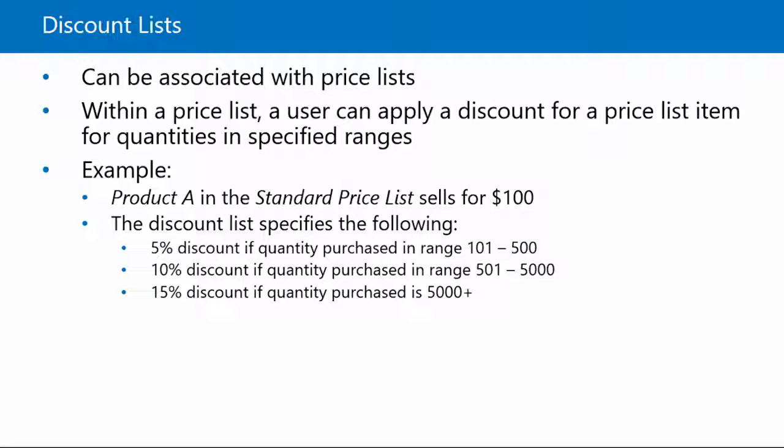Now, as an organization, as you're establishing your overall product catalog and you plan to use different discount lists, the best thing you can do is document ahead of time, before you start doing the configurations of multiple price lists, multiple currencies, multiple products, and of course, multiple discount lists. As you can see, it can get very large.